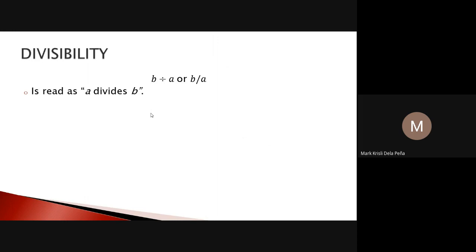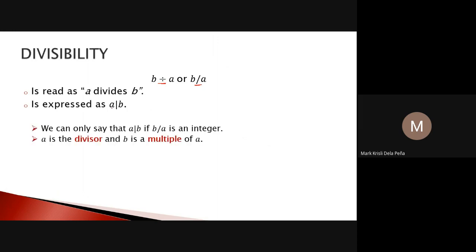When you divide a number, that's read as b divided by a, or we use the division symbols. We can also read this as A divides B, and express it in this form.